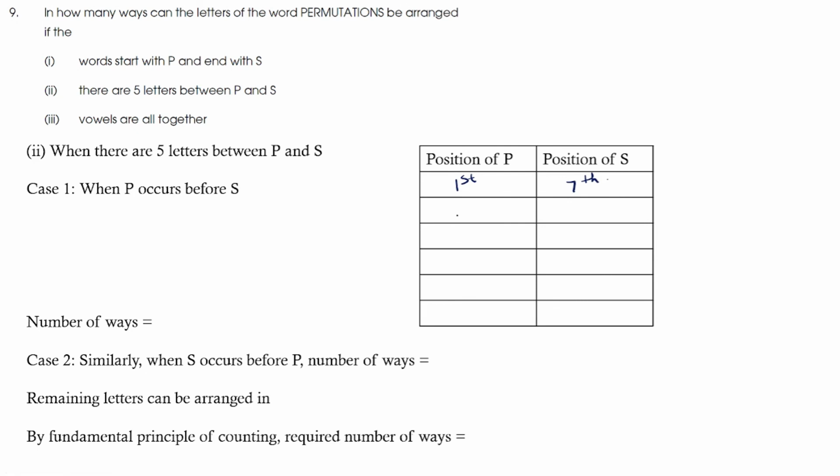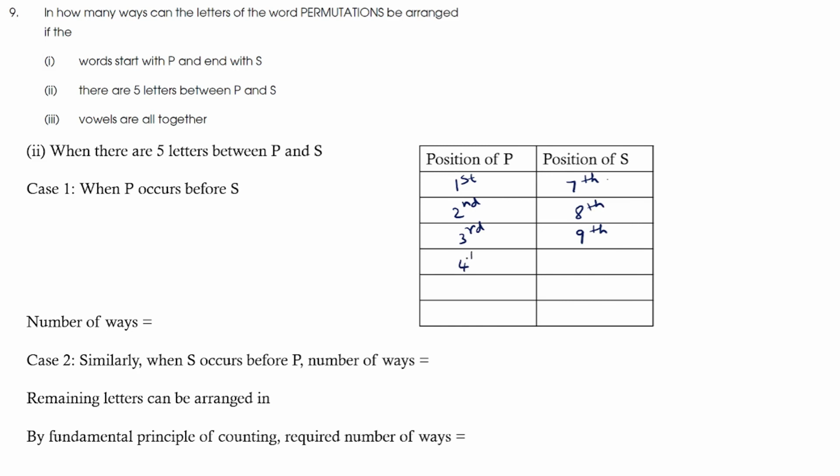Or the position of P is second, and after this second position there are 5 letters, so the position of S is 8th. Then if the position of P is third, after this P there are 5 letters, 4, 5, 6, 7, 8. This is the position of S, 9th.